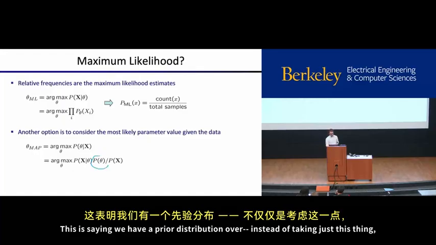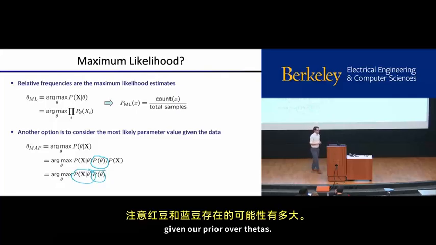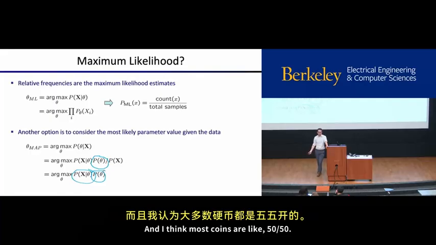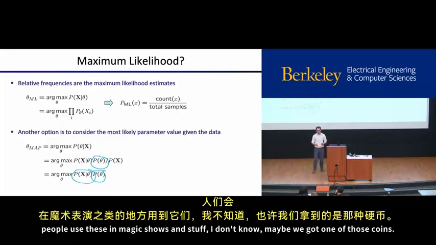This is saying we have a prior distribution over theta. Instead of taking just this thing, we're saying pay attention to how likely it is that there's red beans and blue beans given our prior over thetas. Maybe we're trying to estimate the fairness of a coin, and I think most coins are 50-50, but some coins I've heard about are unfair coins, like people use these in magic shows and stuff.